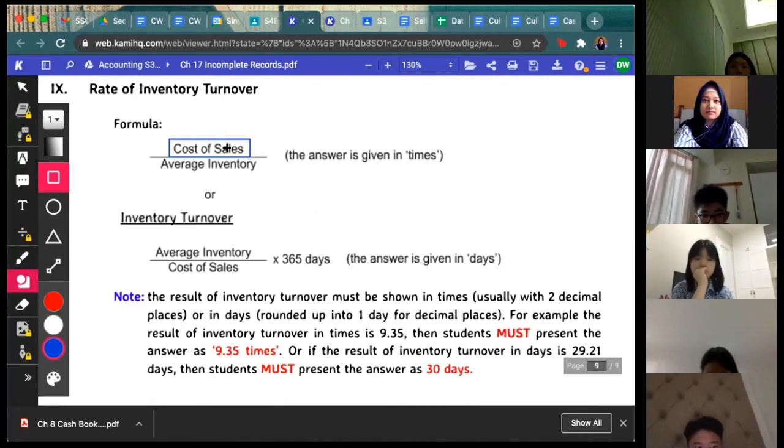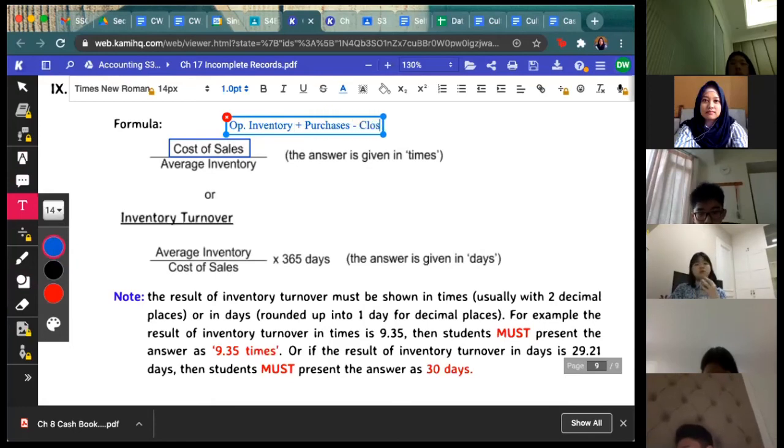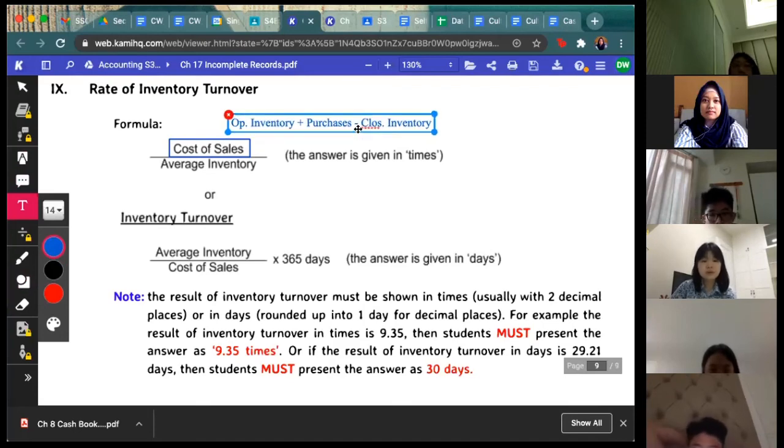So you can use this formula to find cost of sales, and then you can find purchases, because cost of sales consists of opening inventory plus purchases minus closing inventory. So there is a possibility where you are given the rate of inventory turnover, but you are required to find the missing purchases information.